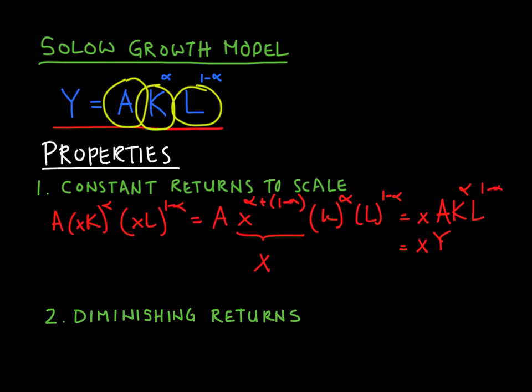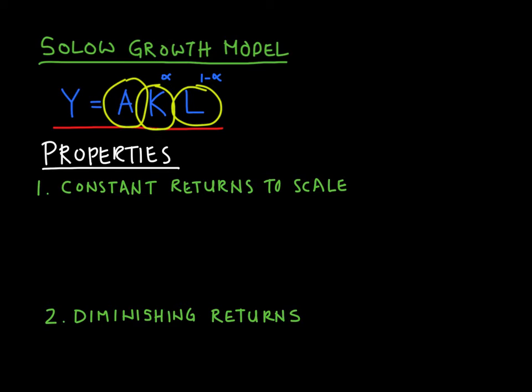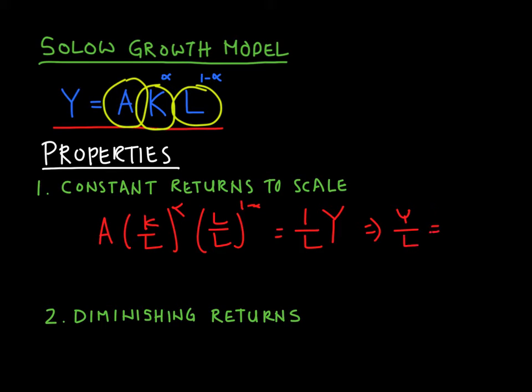In particular, if x was equal to 1 divided by L, what we get then is that A times (K divided by L) to the power of alpha, (L divided by L) to the power of 1 minus alpha, is equal to 1 divided by L times Y. If I simplify this, because L divided by L is 1, and 1 to the power of anything is equal to 1, what we get is that output per person, or per worker, is equal to A times (K divided by L) to the power of alpha.